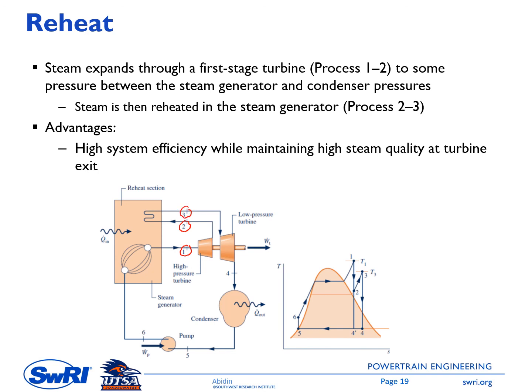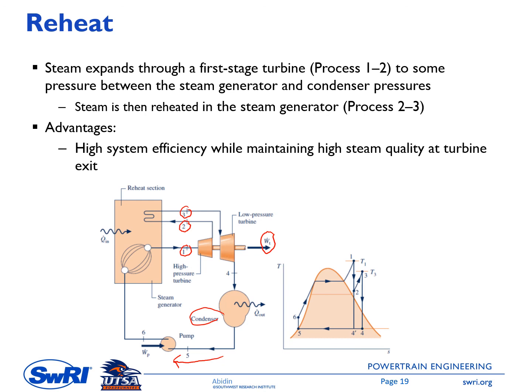And then it goes to the second stage of the turbine, which is the low pressure turbine. Both turbines produce work that is coupled to the generator to produce electricity. Then at the exit of the second stage turbine, the working fluid flows through the condenser and goes through a process similar to the basic Rankine cycle.